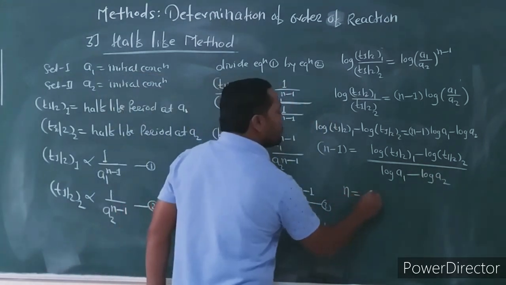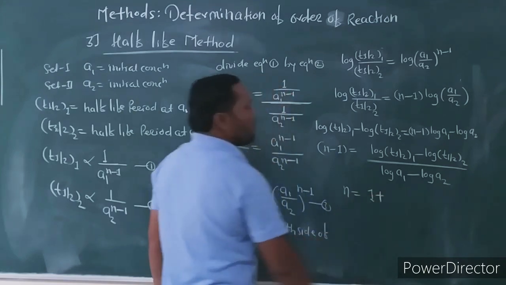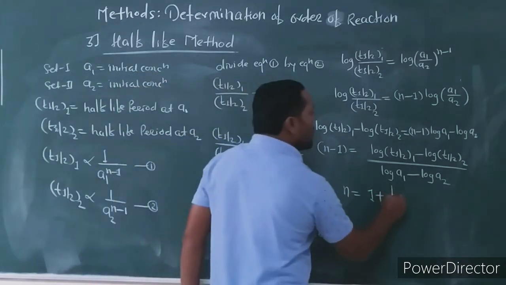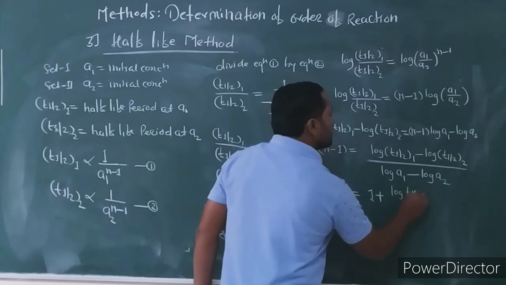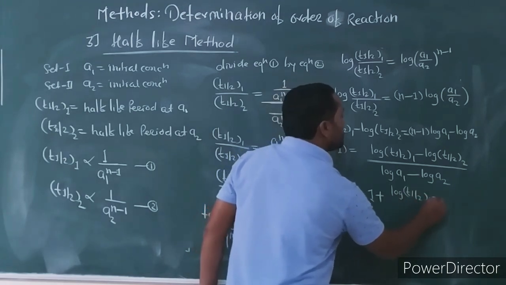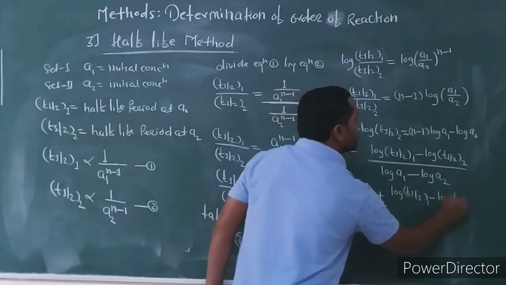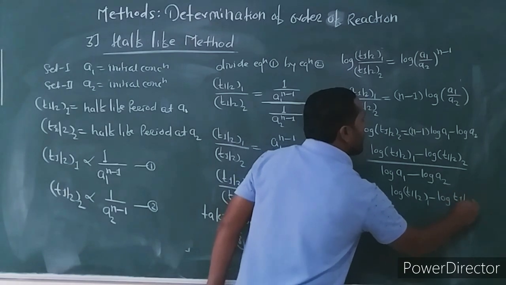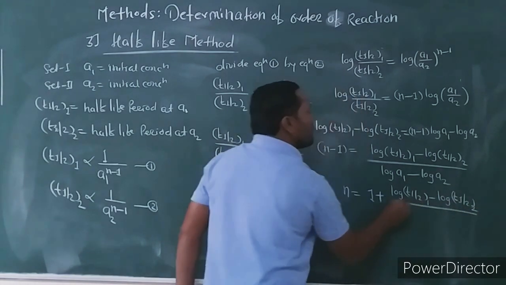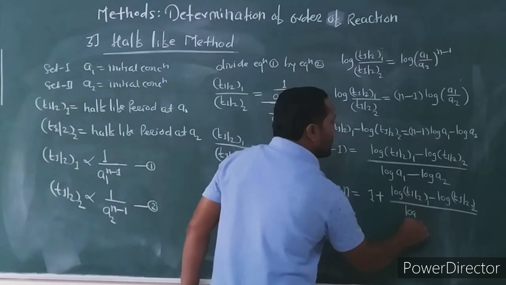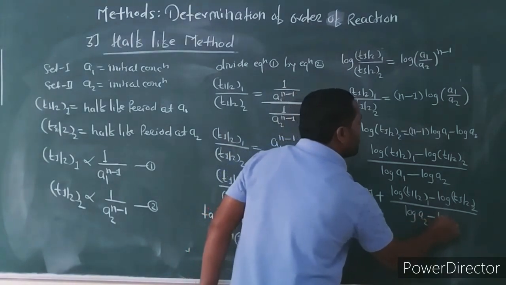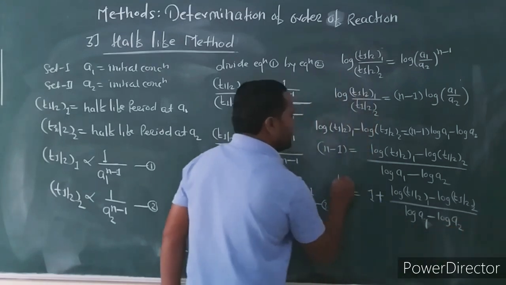Then n is equal to 1 plus (log T half 1 minus log T half 2) divided by (log A1 minus log A2).